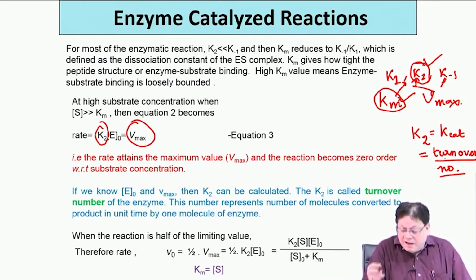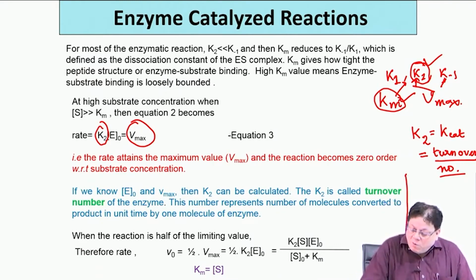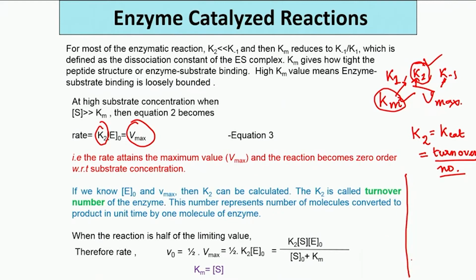Now, the question is, what really decides the efficiency of an enzyme? If you look at the Michaelis-Menten steps, not the equation, E plus S goes to ES complex, and ES complex goes to E plus product.